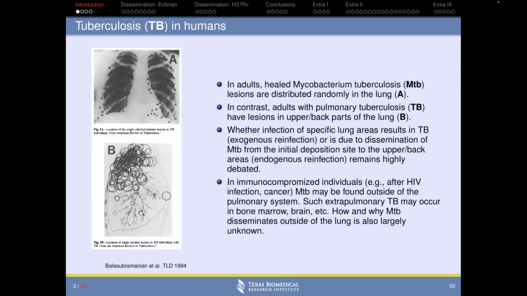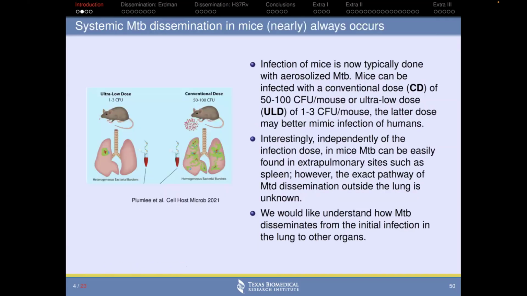So even though it's typically a pulmonary disease, MTB can spread to other tissues in the body, and it's then called extrapulmonary TB, and may affect bone marrow and spread to the brain. How exactly the bacteria disseminate from the site in the lung to those distant sites in the body is also largely unknown.